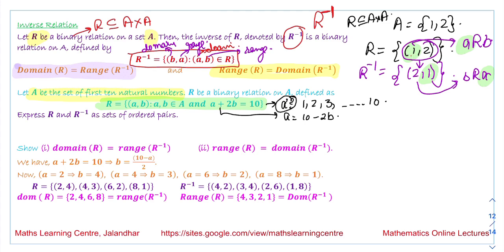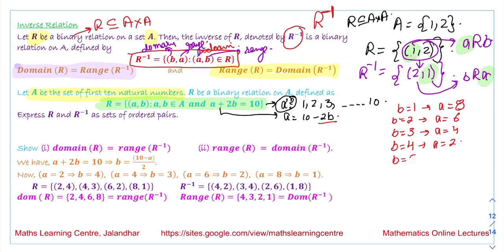Now if we put B equal to 1, the value of A we obtain is 8. When B is equal to 2, A is 6. When B is equal to 3, A is 4. When B is equal to 4, A is 2.